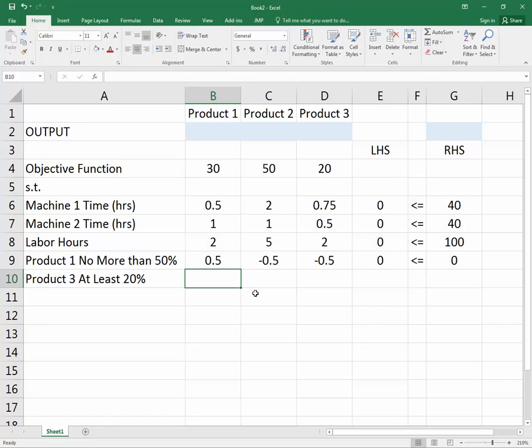So then the final one was product 3 has to be at least 20% of all products. So we do it very similar to what we did for the other one, which now we want a greater than or equal to, and product 3 will be on the left-hand side, and then at least 20%. Is that what it said? 20% or 30%? I don't remember now.